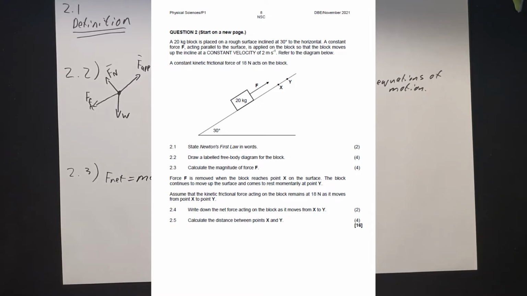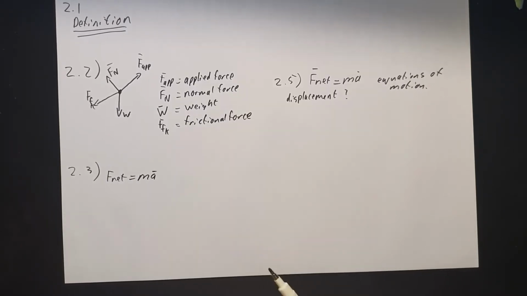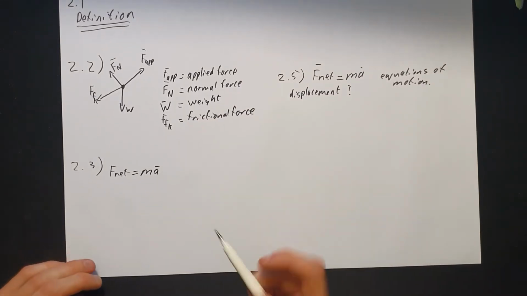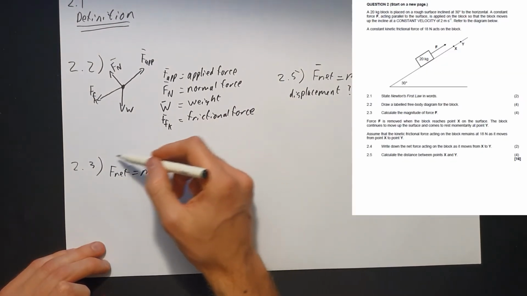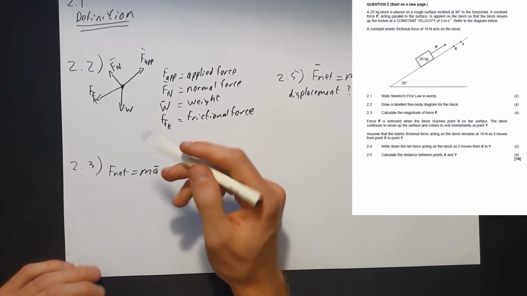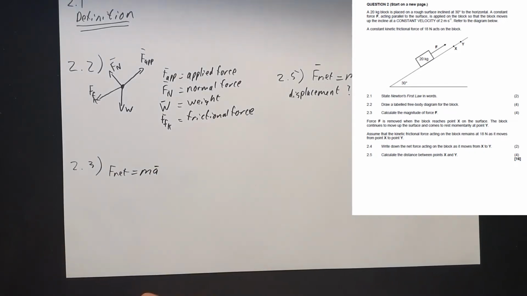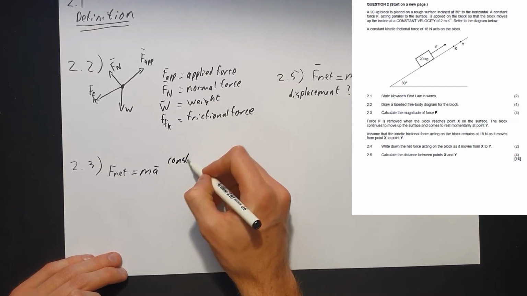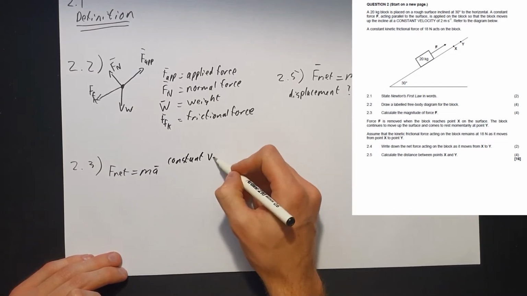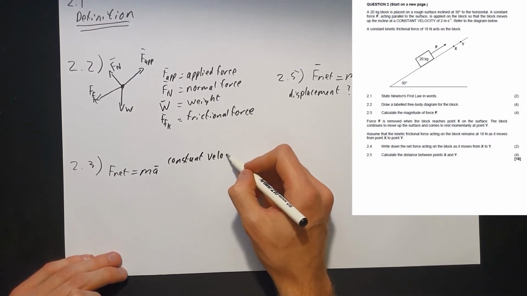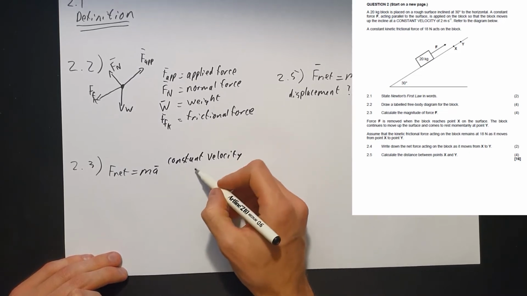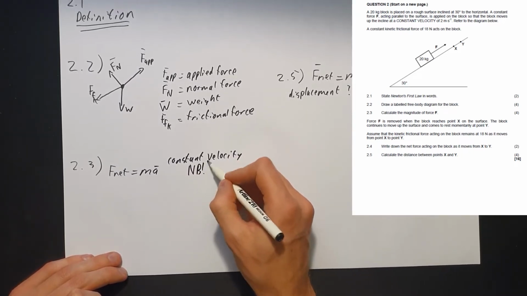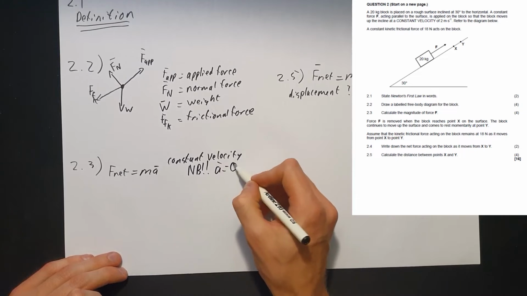2.3 says calculate the magnitude of the force applied. Dealing with Newton's law here, so we're going to use F net equals ma. Now because it says it's got constant velocity, acceleration equals 0.